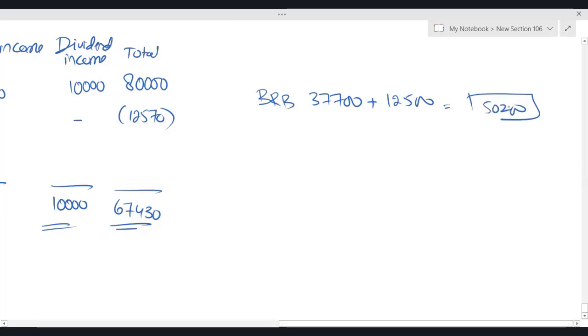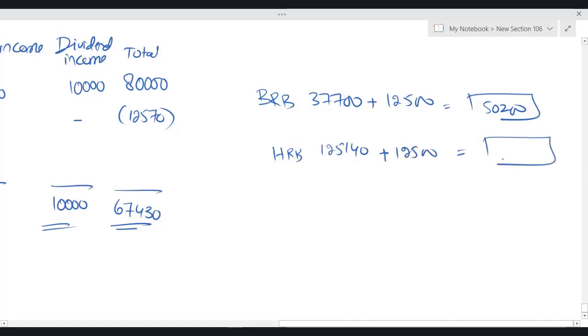Obviously the higher rate band limit will also increase, but the taxable income is only 67,430. So obviously, after the basic rate band, whatever is left falls in the higher rate band. Otherwise, we know that 1,25,140 will rise by this.